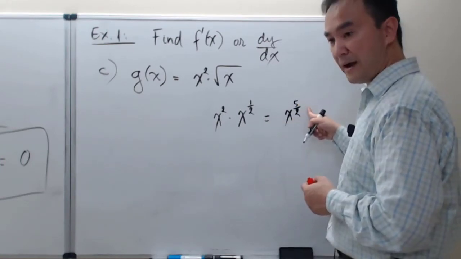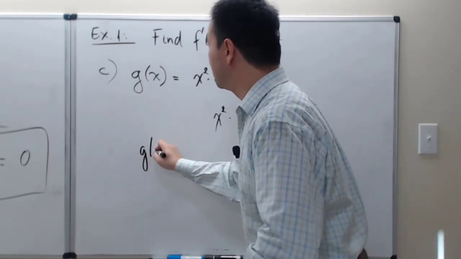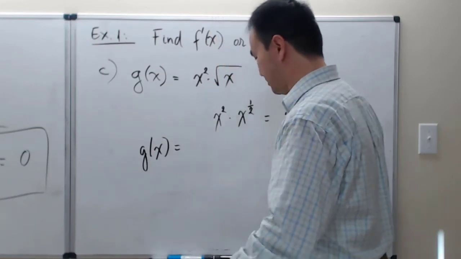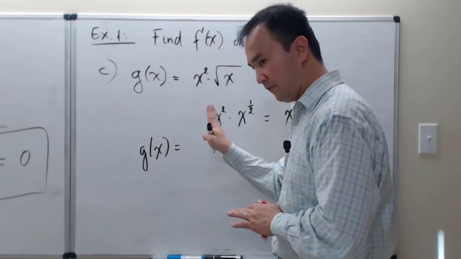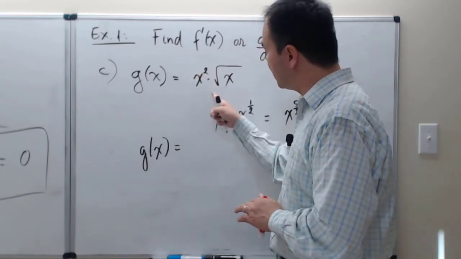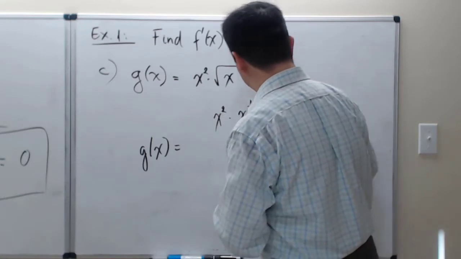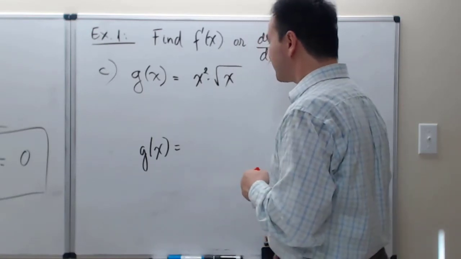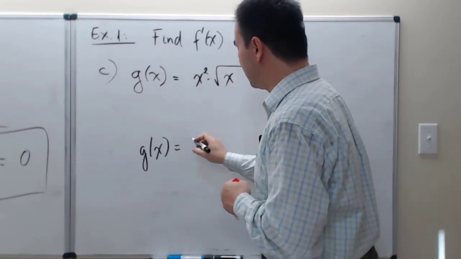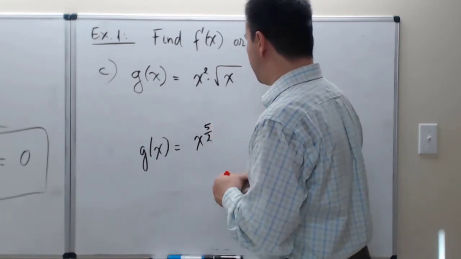That's our actual power right there. So again, before we can take the derivative, I have to successfully turn my expression into something that involves one single power. So g of x equals x to the 5/2 power.